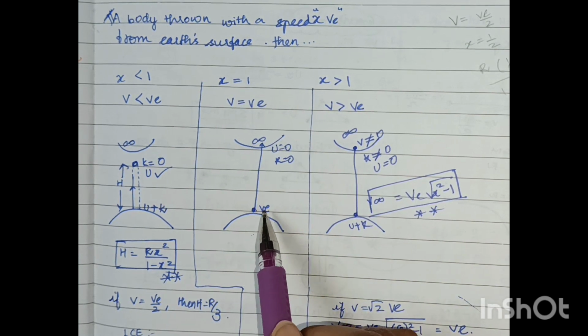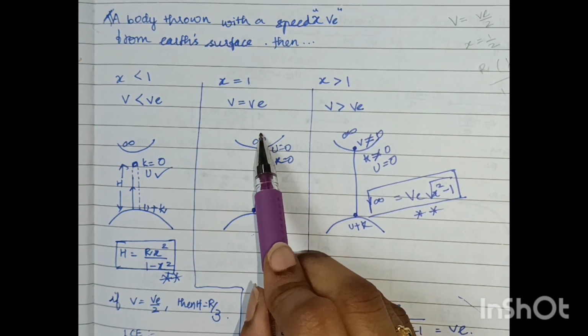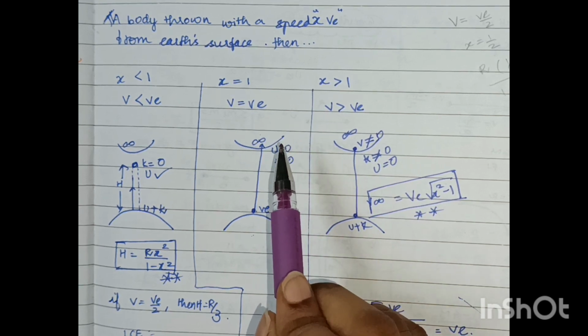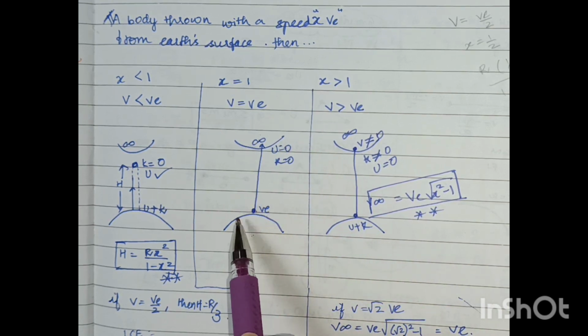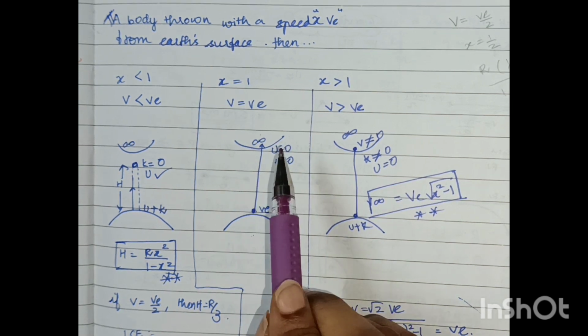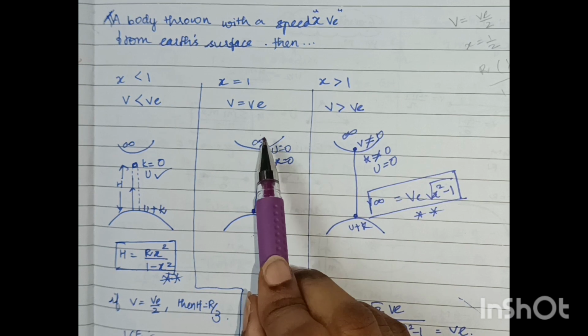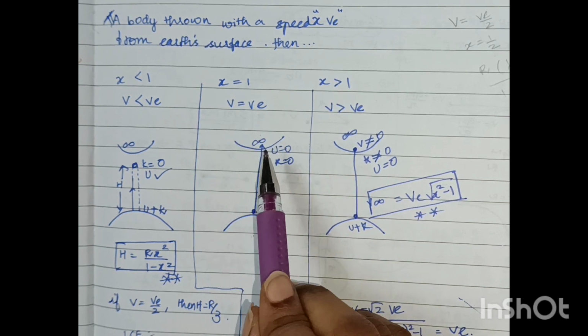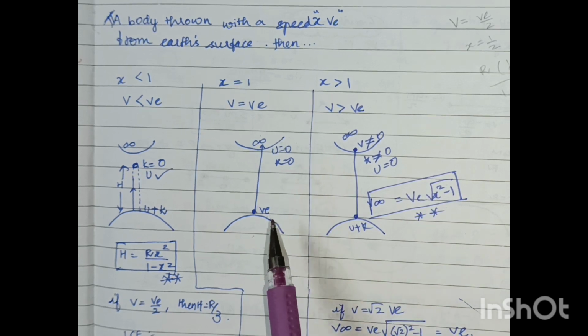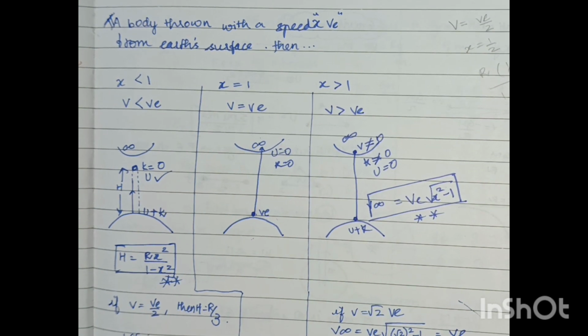And if we are projecting with escape velocity, then at infinity its velocity will be 0. That point we have to remember. If we project an object with escape velocity, then at infinity its final velocity becomes 0. So what is the final kinetic energy? That is also 0. So this is the first case.